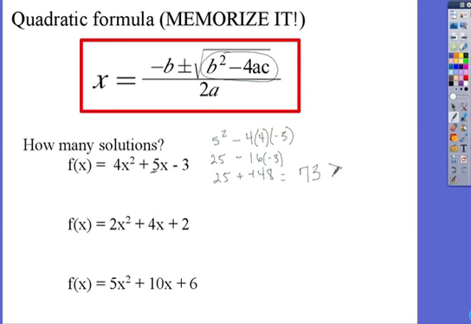Well, this answer is greater than 0, so I know I have 2 roots. I know this graph is going to have 2 x values where it crosses the x-axis.